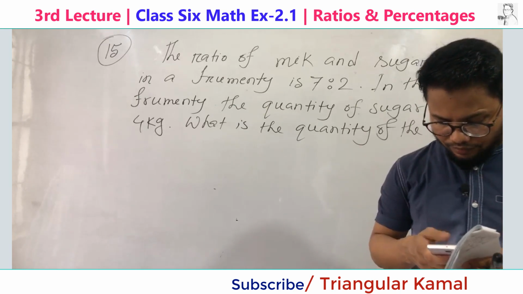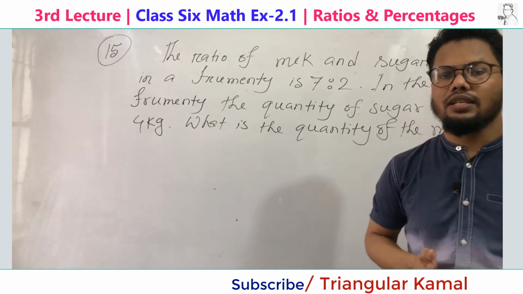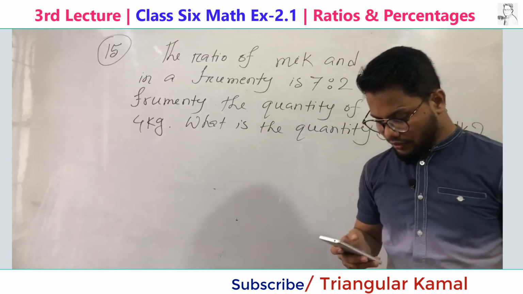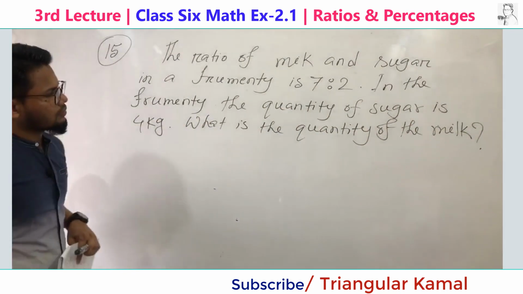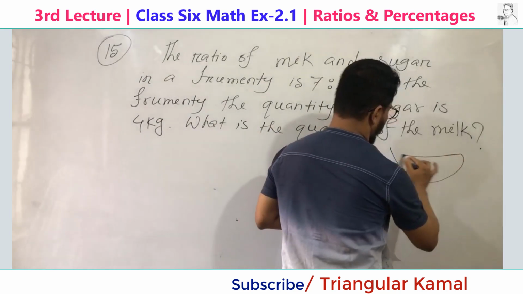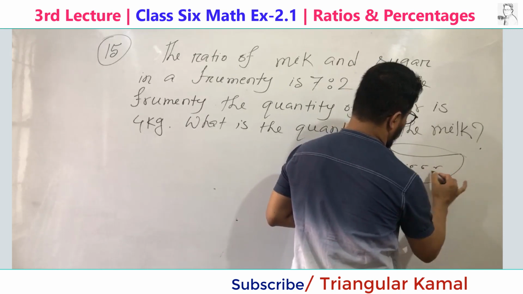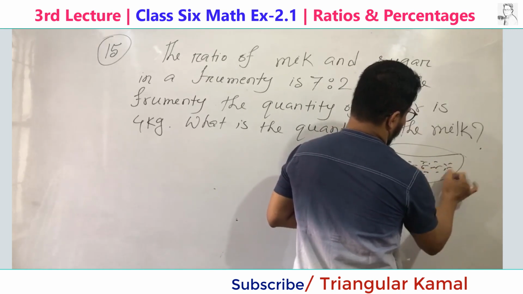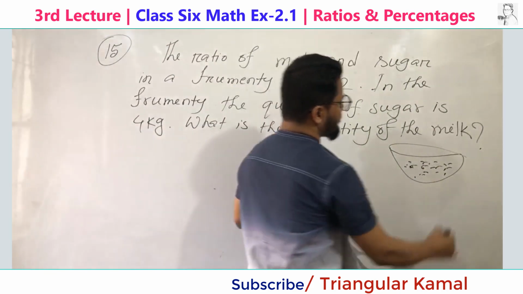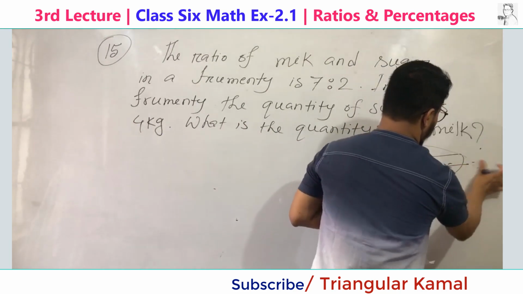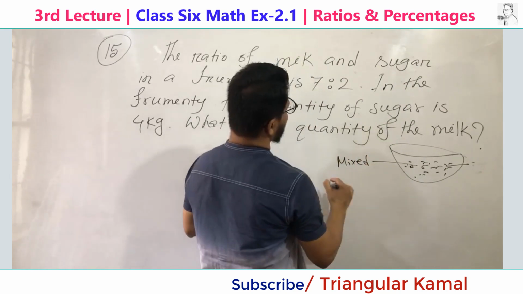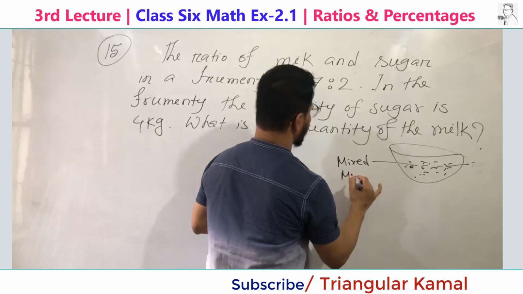Thank you sir. We have already done these types of maths in our previous classes using equivalent ratios, simple maths. So, this is the container, the frumenty, where the 2 items are mixed, made of milk and sugar.